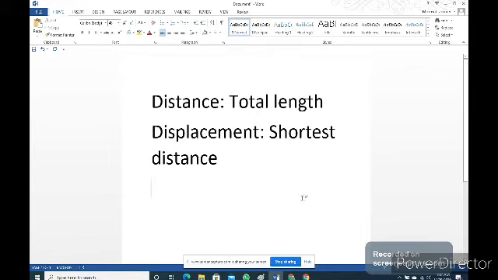Circular motion is when an object moves around a circular path. And then the uniform motion, which is when an object moves at equal speed at equal intervals of time.